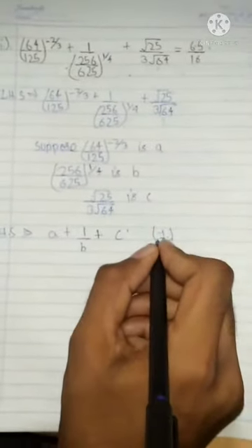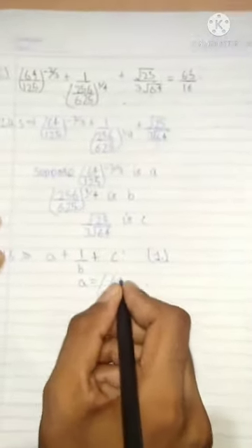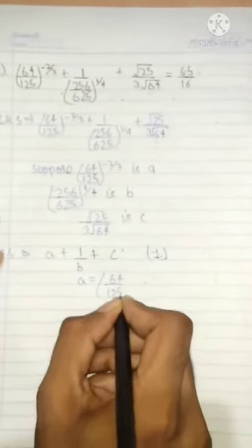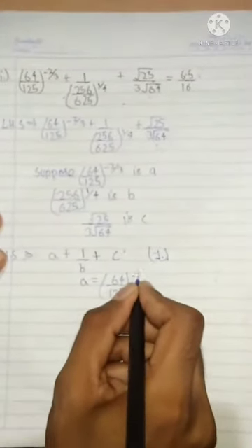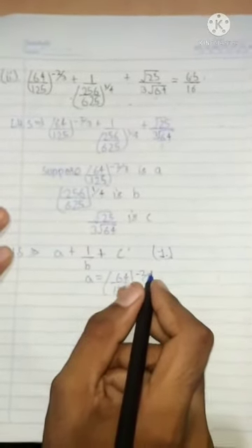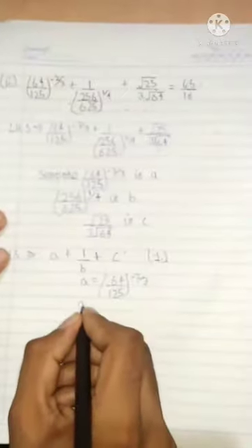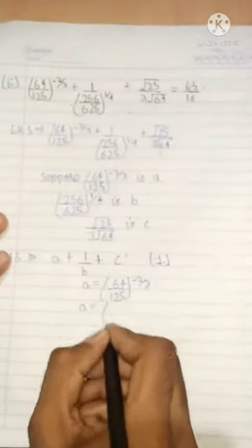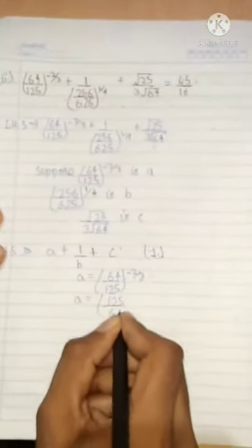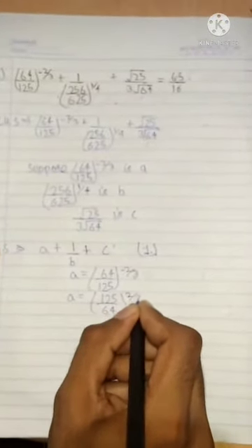Suppose this is equation first. Finding value of A equal to 64. We suppose that 64 upon 125 के power minus 2 by 3. First we take the reciprocal of numerator and denominator because the exponent is given in negative. So here 125 upon 64 power 2 by 3.